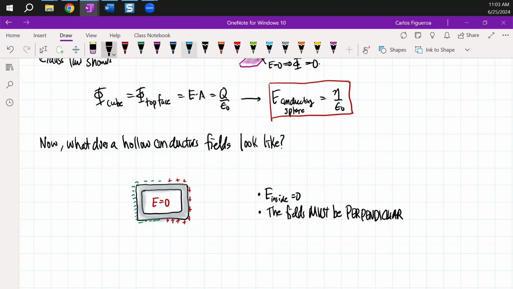So if I start to draw my field lines, what am I seeing here? I see that the field line is coming here. That's perpendicular. Now, we can say that the reason why the field bends here is to make sure that it's perpendicular. So it keeps coming like, you know what, I did this wrong. So if the field is coming like this, what you're going to see here is that you're going to start to get some of the fringing. And the fringing is occurring because you're getting this field that's coming in here.